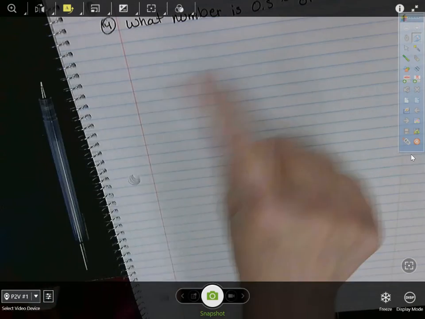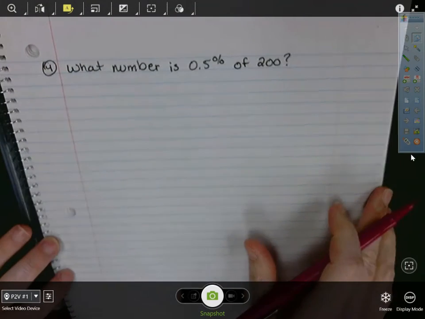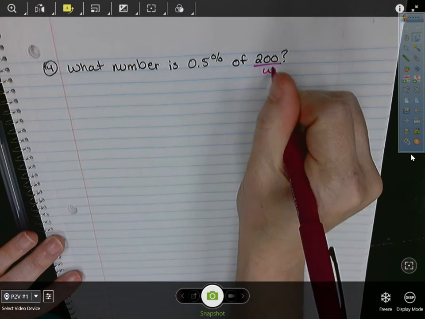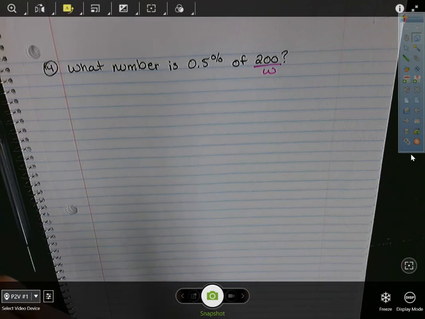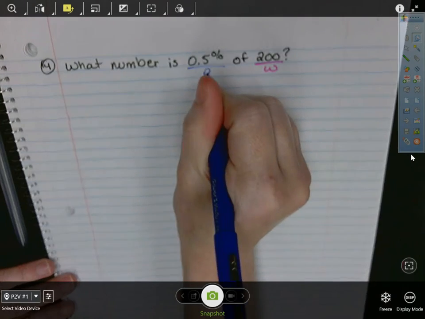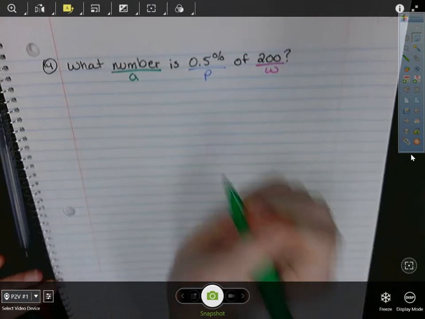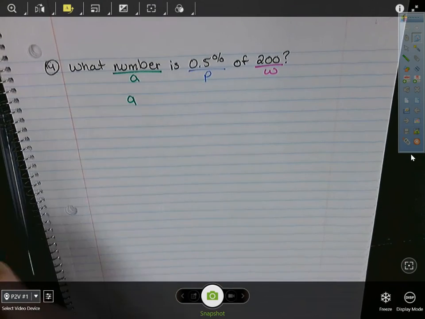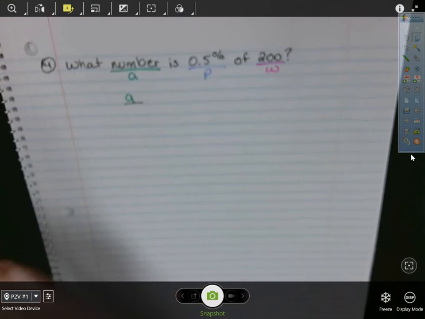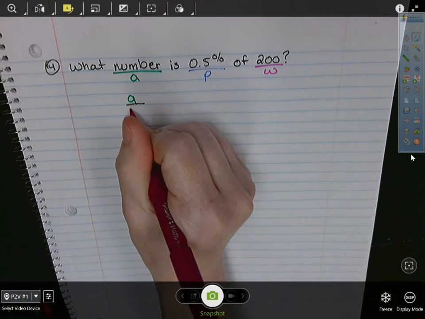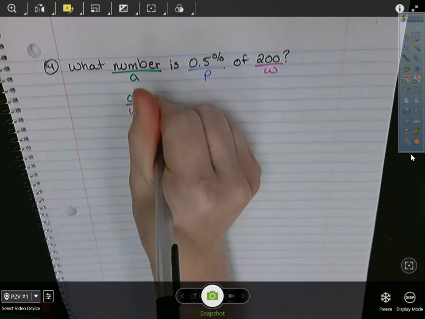So since it says of 200, I know right away that that's my whole, and that has a percent symbol, so I know right away that that's my P for percent. And the one I'm looking for is the part. I'm looking for A. So I do A over W equals P over 100.